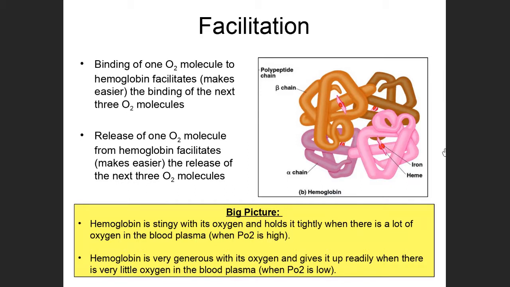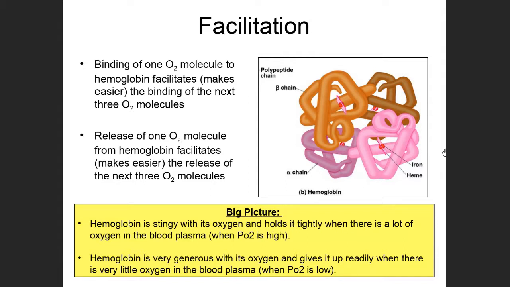So if it's bound to 4 oxygen molecules, it does not want to give up the first one, and it holds on to it very tightly, and it very begrudgingly gives up that first oxygen molecule. Once it has given up one, that causes it to change shape, which makes it a little bit easier to give up the second one. Giving up that second one causes it to change shape again, which makes it a little bit easier to give up the third one. Giving up that third one makes it very, very easy to give up the 4th one.